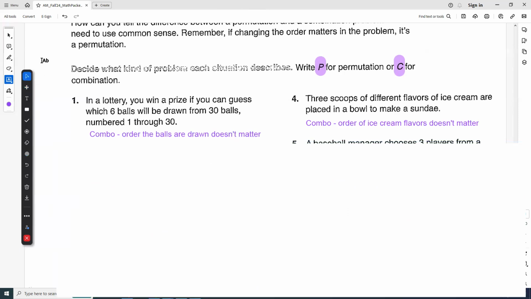All right, so we know for our combination, like we said, this one's going to be pretty long because we have 6 spots. And we have 1 through 30.